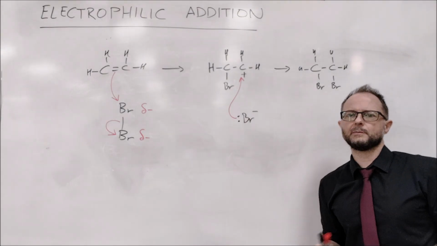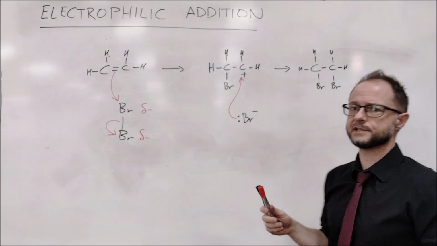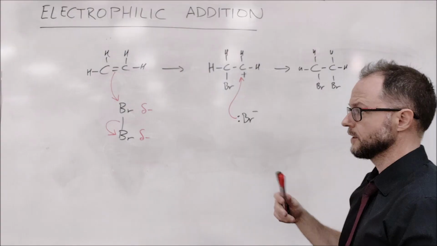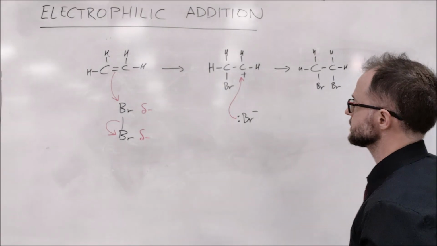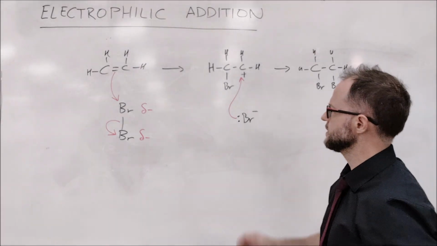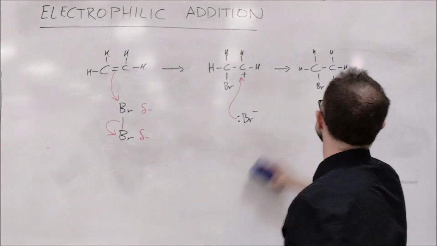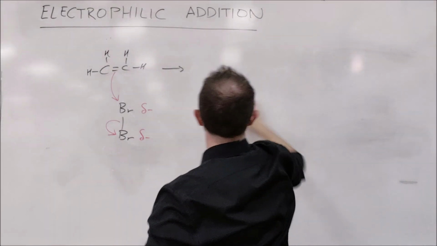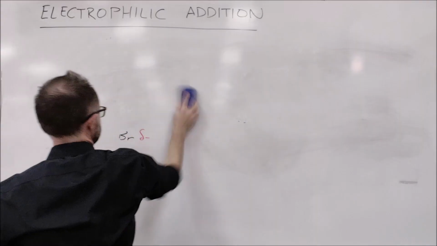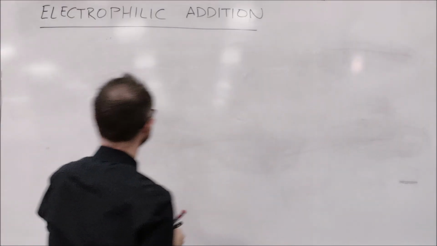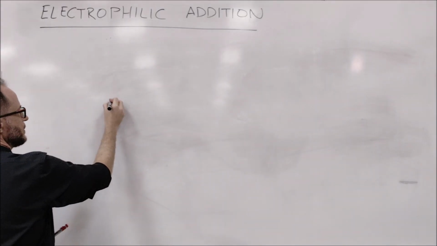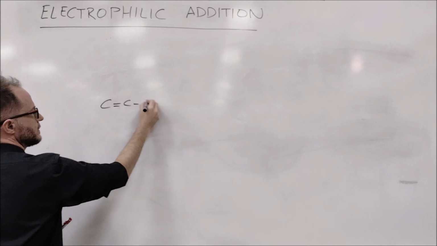Right, that's all very well, but usually in tests what they do is they'll ask you for non-symmetrical alkenes. So for instance propene. Propene is usually a go-to, it's quite a classic. I'd say it probably appears in about 50% of all tests, at least. So, 1, 2, 3.